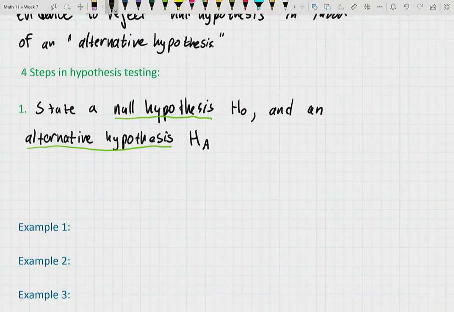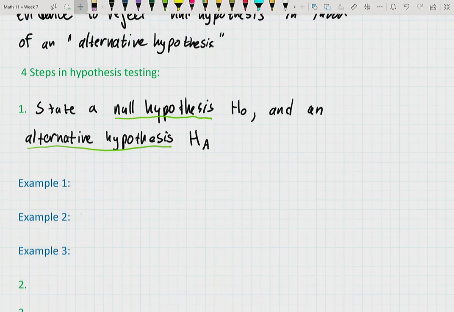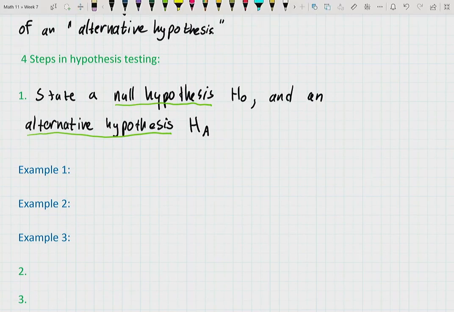So let me illustrate this with some examples. How about if you have a friend that claims that he has a coin that's unfair, like maybe it lands on heads more, maybe it lands on tails more.